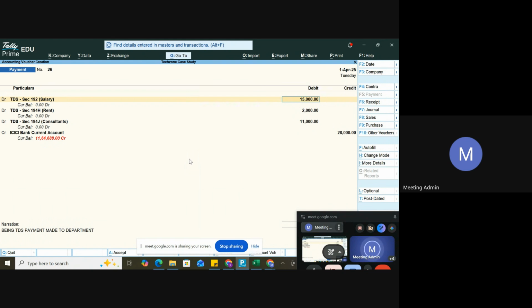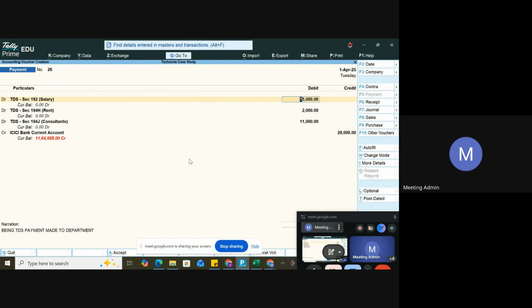Pass this entry, TDS under section 192. First salary we have to take 15,000, rent 2,000. Okay. Next consultant is there, 11,000. Then to ICICI bank account 28,000, narration.